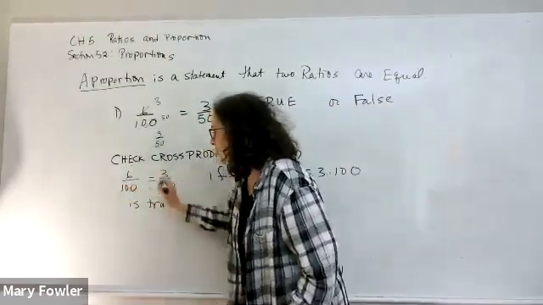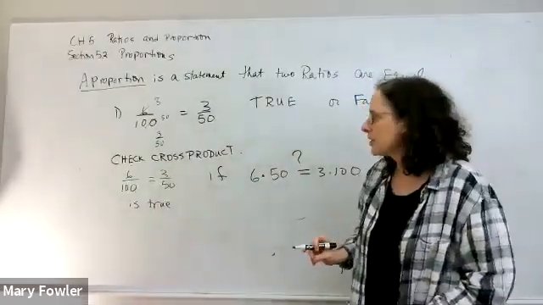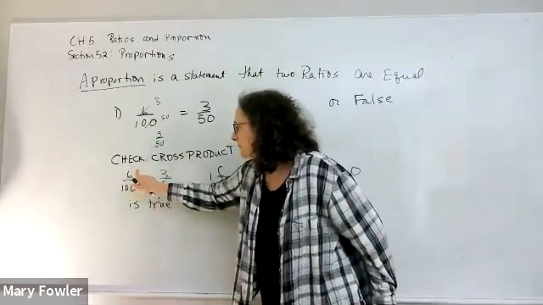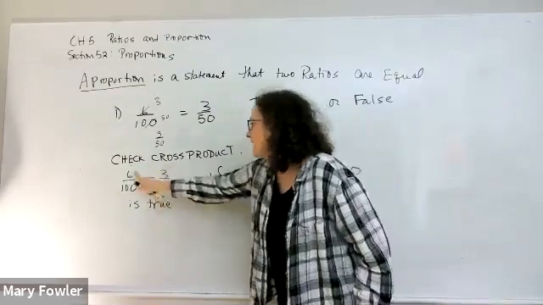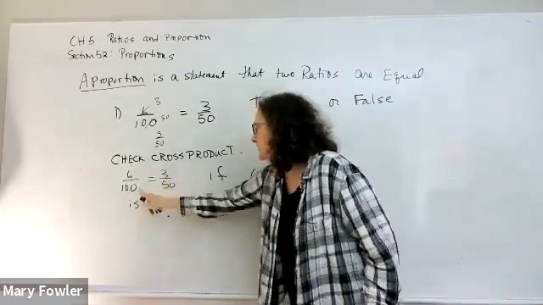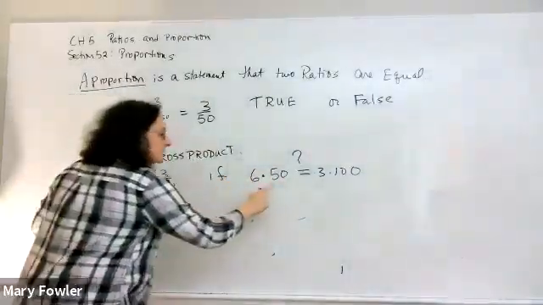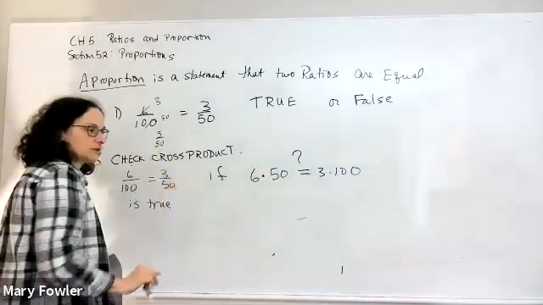But another way to check if these two ratios are equal is to look at the cross product. The cross product is 6 times 50, and see if that is equal to 3 times 100.